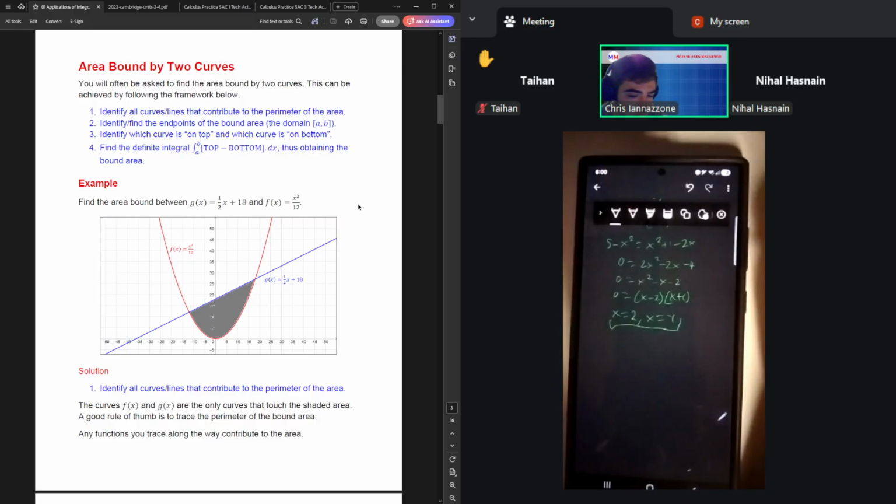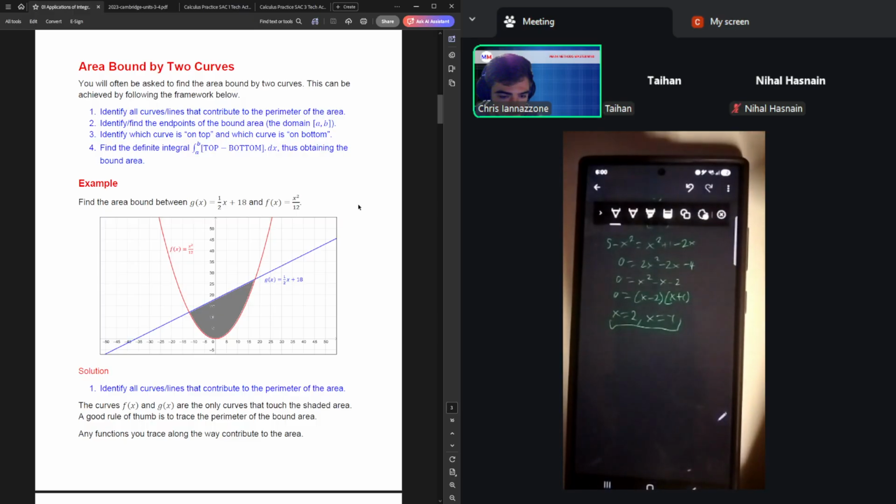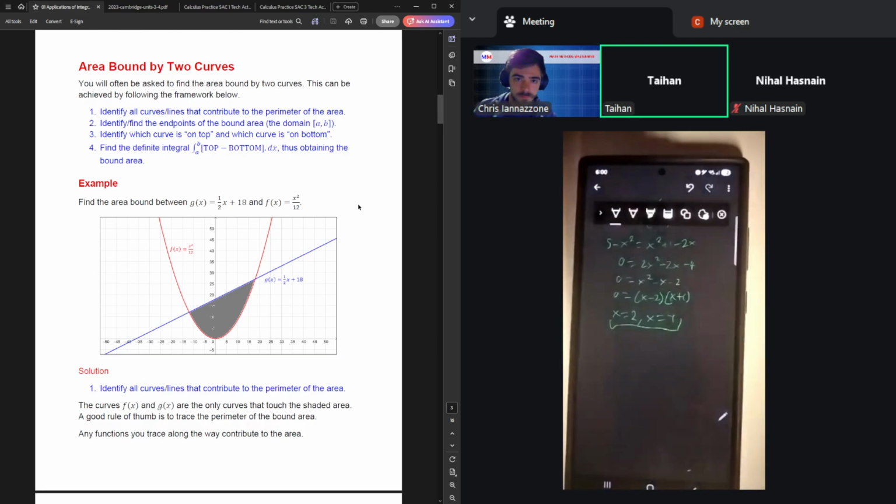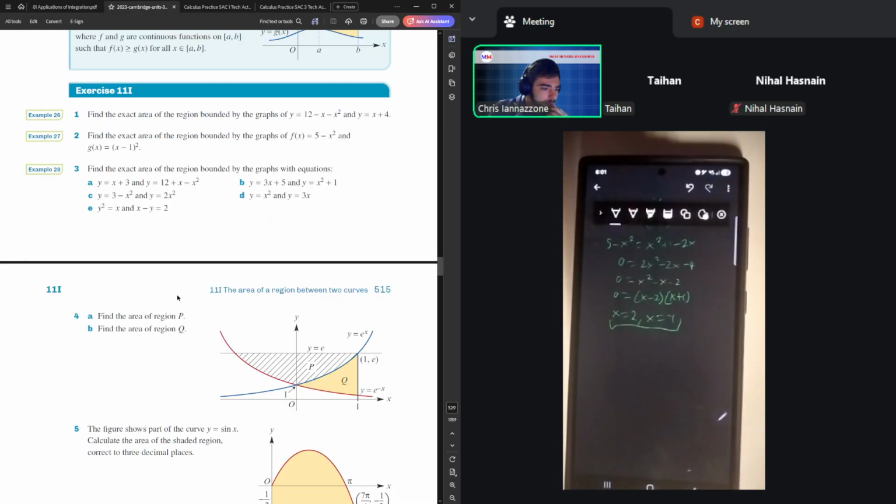Oh yeah, Taihan? Yeah, I think for these questions, we probably wouldn't get a graph with it, right? Well, we didn't. We made it ourselves. Oh, okay, cool. I'll say it's about 50-50 whether you get a graph.